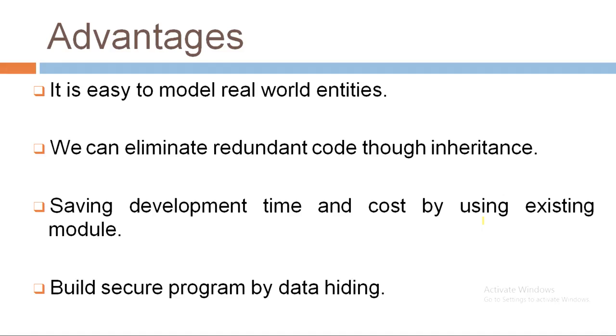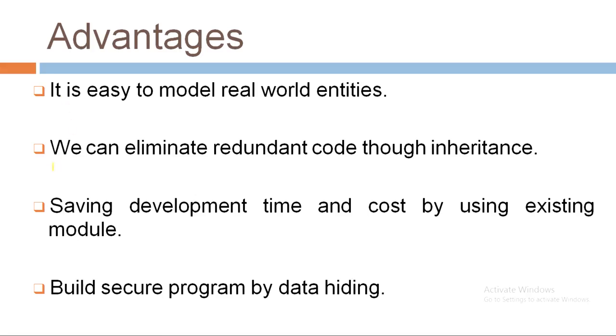Now let's discuss the advantages. What are the advantages of object-oriented programming? Whatever we know about the basic concepts, these are all new features of object-oriented programming, and we can consider all those features as providing advantages. The first advantage is that it is easy to model real-world entities. Obviously, the object-oriented paradigm is better for implementing real-world problems compared to procedure-oriented programming.